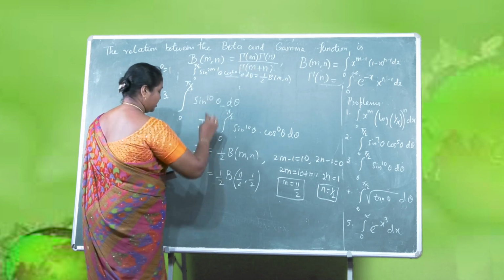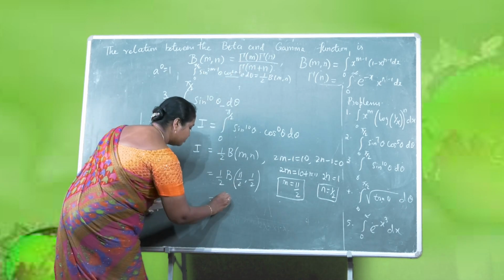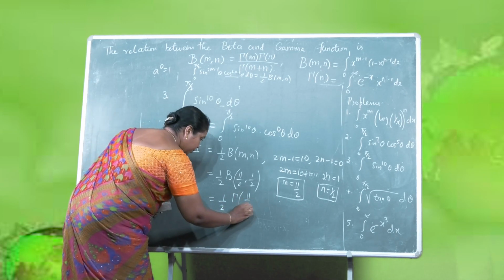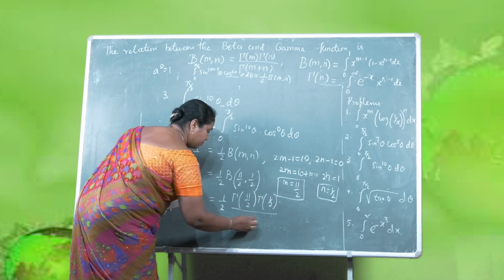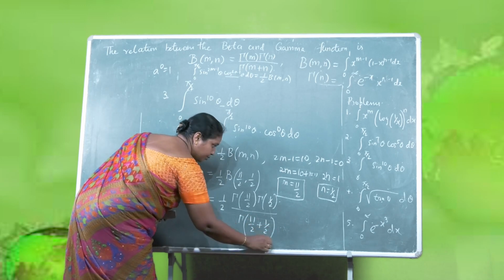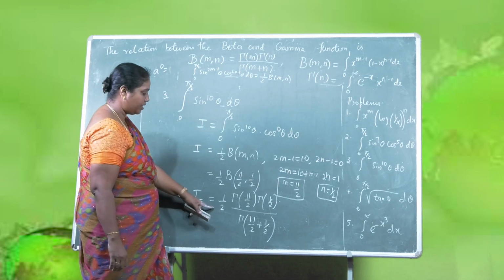So we first use the relation between beta and gamma function. So this integral becomes 1 by 2 times gamma of 11 by 2 gamma of 1 by 2 divided by gamma of 11 by 2 plus 1 by 2.